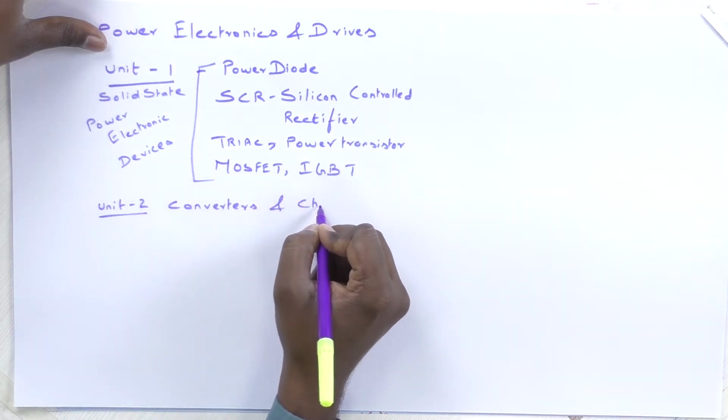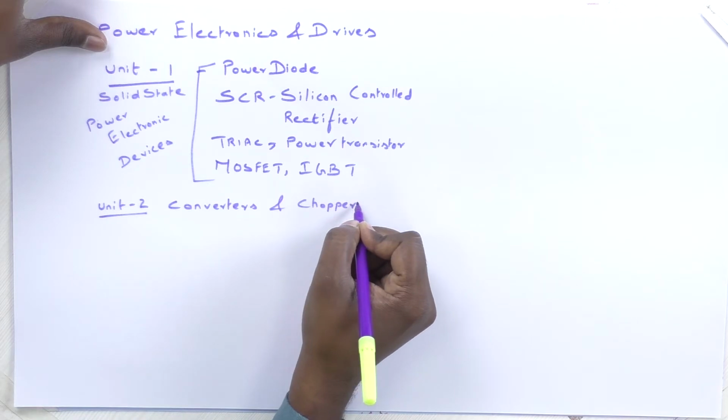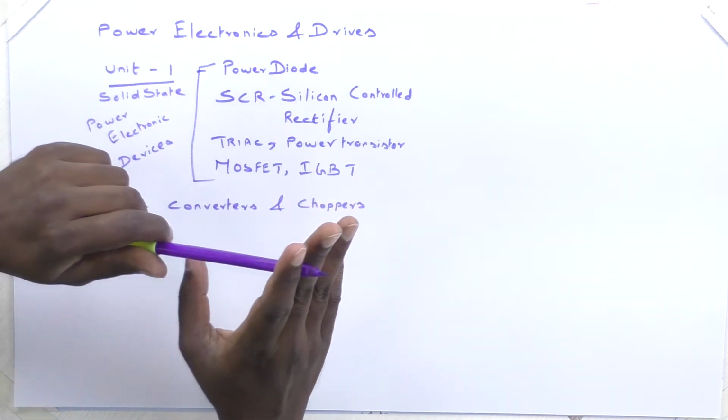So, unit 2 usually deals with some of the basic converters and choppers. So mostly I'll be dealing with phase control, single phase, three phase. So you should be familiar with the terms single phase supply, three phase supply, and then how do I do the phase control, how do I do a single phase control and then three phase control. And there is another thing, where I'll convert an AC supply into a DC.